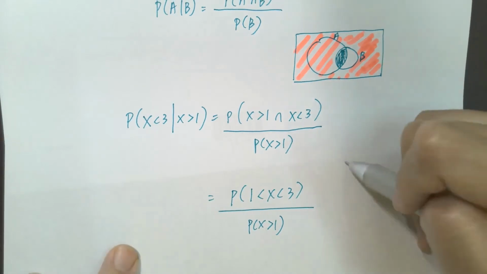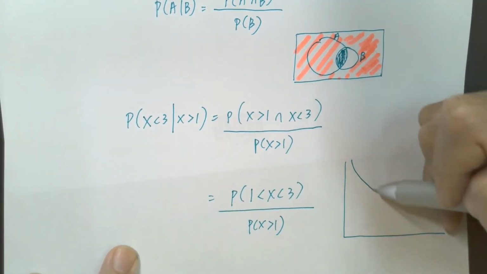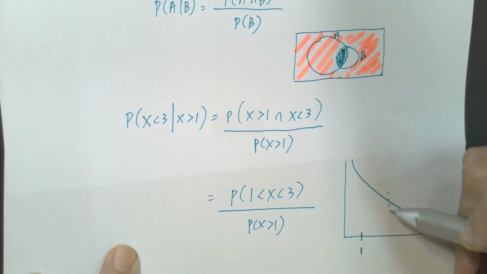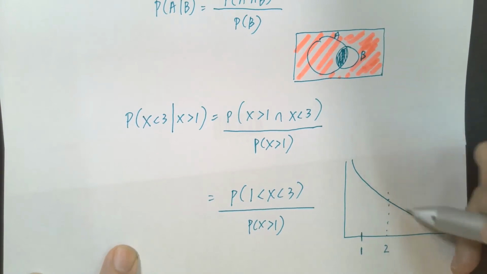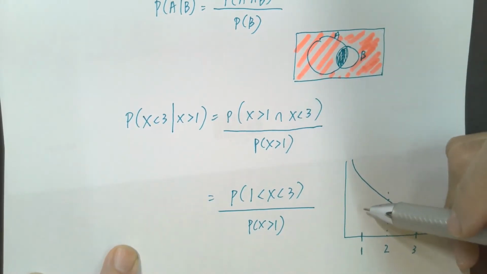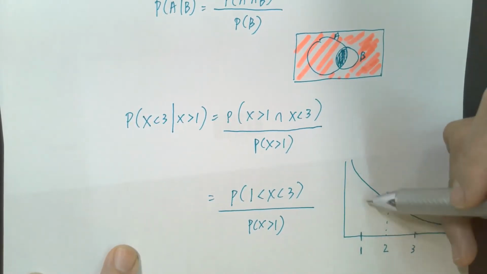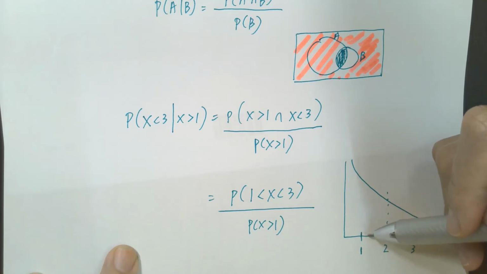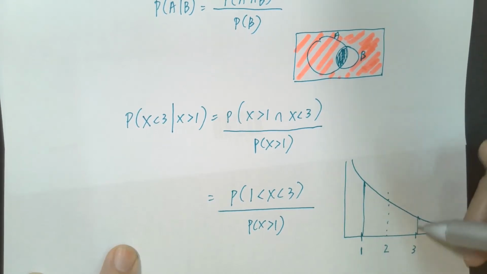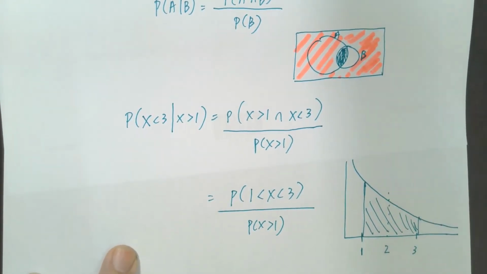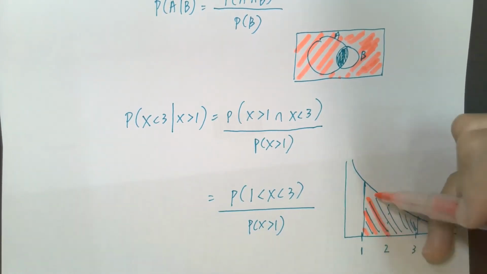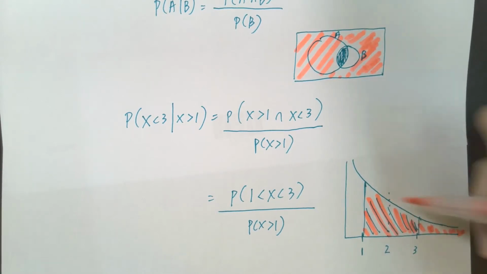So if we go back to our probability distribution, it looks something like this. Let's say 1 is here, and then we know that 2 is the median, isn't it? And maybe 3 is here. And so given that it's somewhere bigger than 1, right, we are looking for the area from here to here relative to the red area. Okay, so let me do this whole thing. The red area is this.